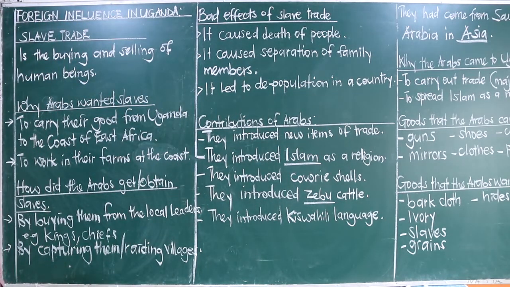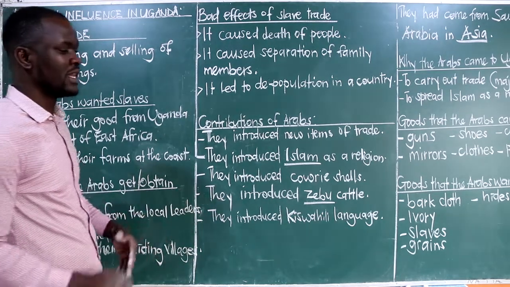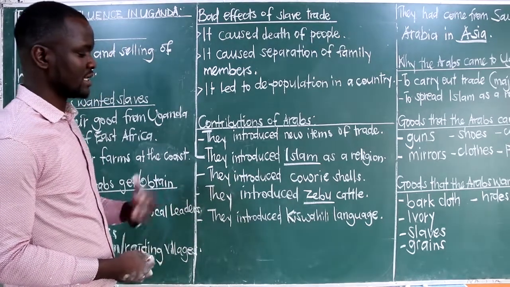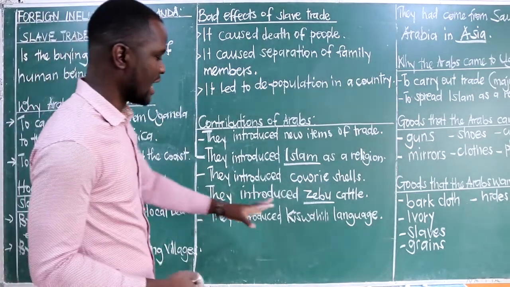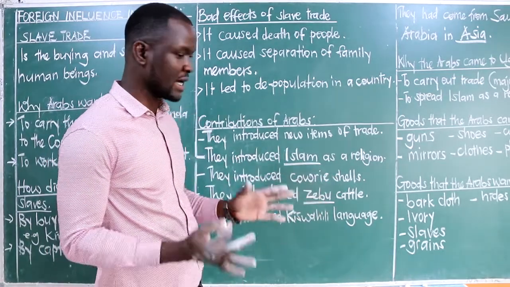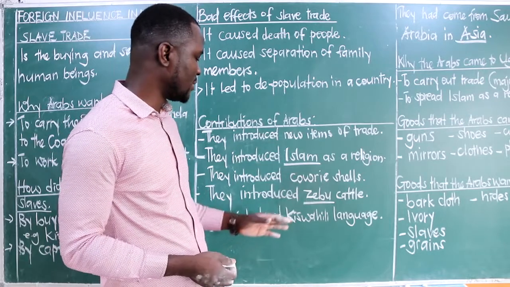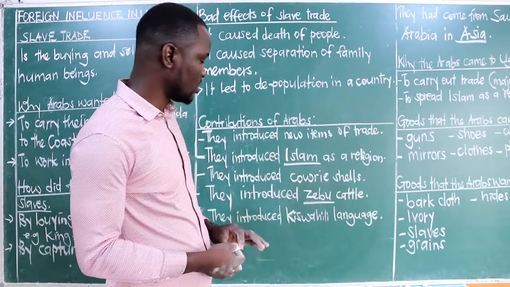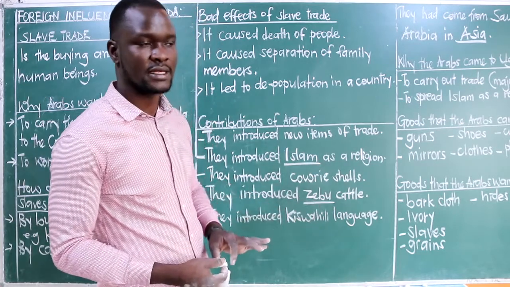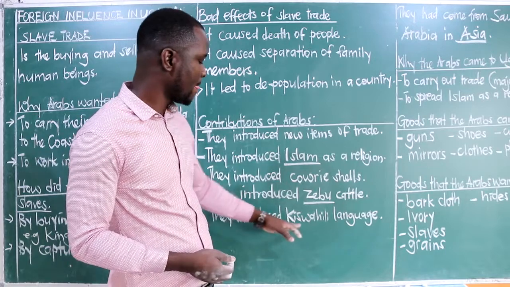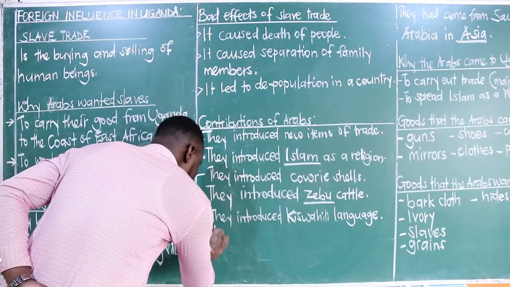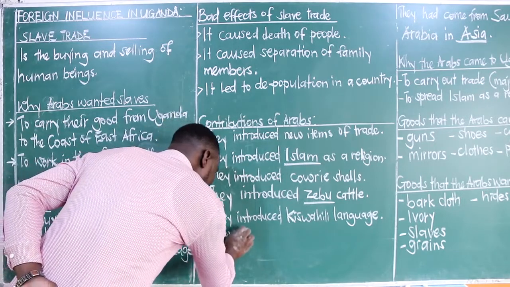It came as a result of intermarriages between the Arabs and the coastal Bantu that gave rise to the people we call the Swahili people. And because of that, they were able to mix some Arab words and some Bantu words to form the Kiswahili language. And then lastly, the Arabs introduced new culture.